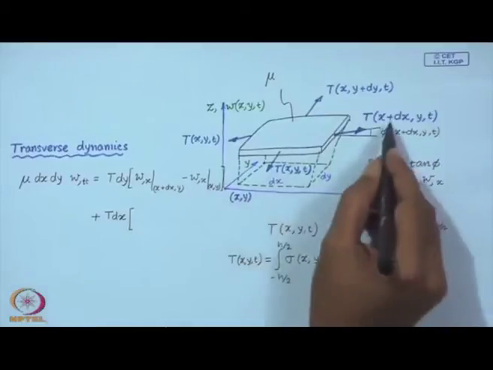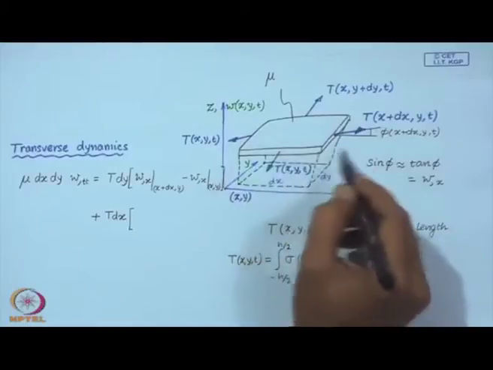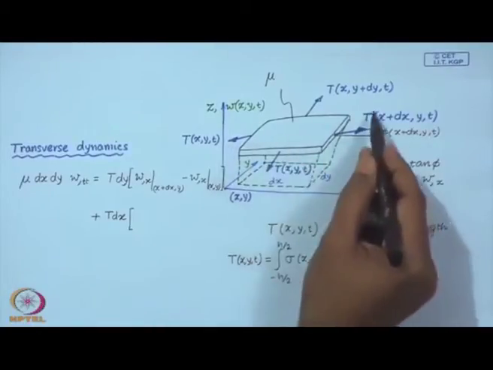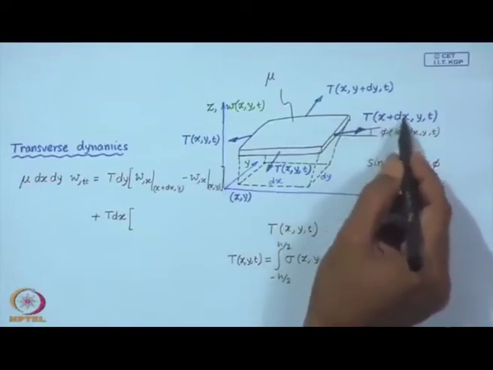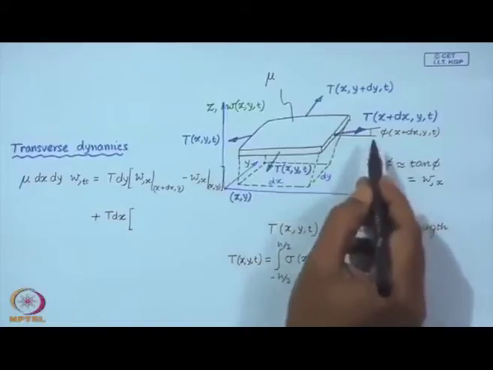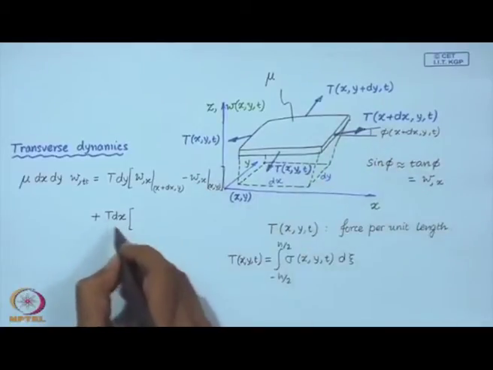Since we are assuming that the tension in the membrane is uniform, it is essentially isotropic and homogeneous. So, everywhere it is T, though I have written it like this to indicate that this vector might be different. So, magnitude wise it is the same.